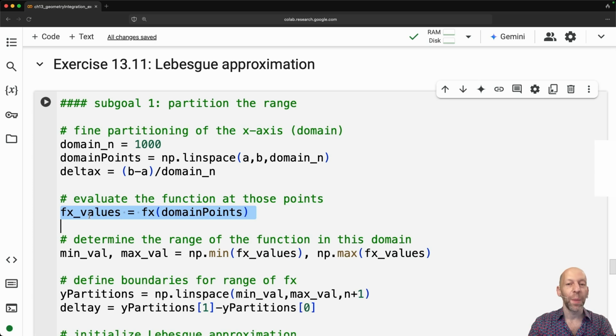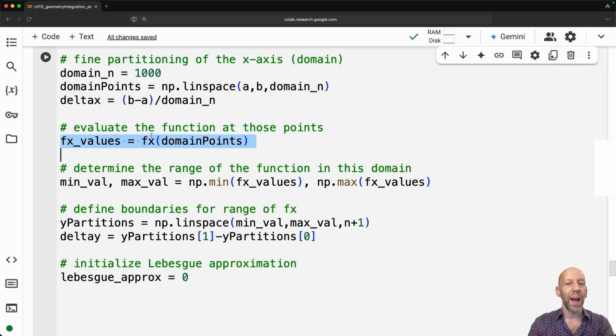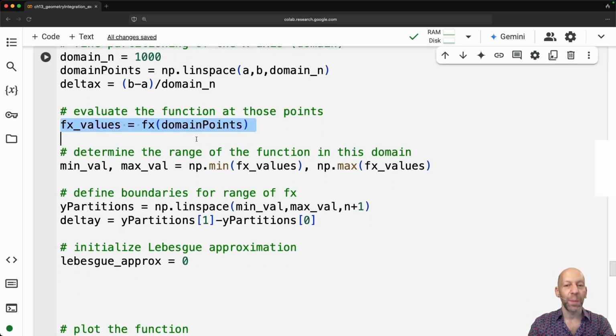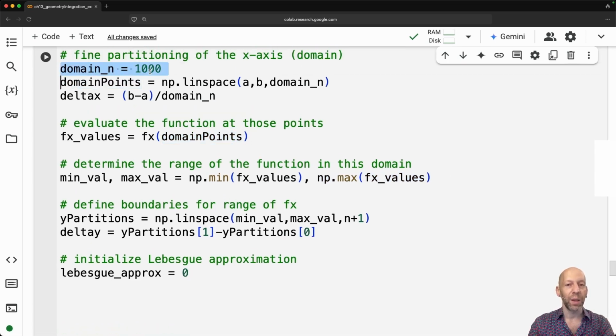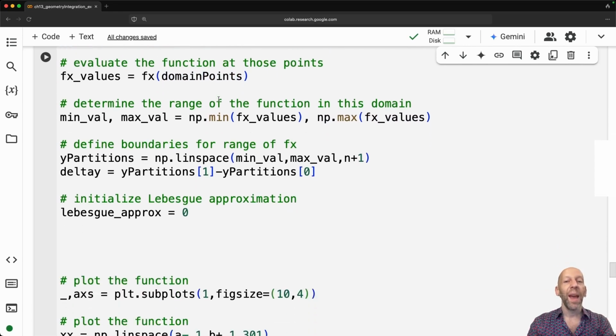And that's what I get here. So the function values at this high resolution. Here is where I'm identifying the smallest number and the largest number in this evaluation based on this high resolution of 1,000 points here. And then from there, we get n plus 1 linearly spaced points between the smallest function value and the largest function value.